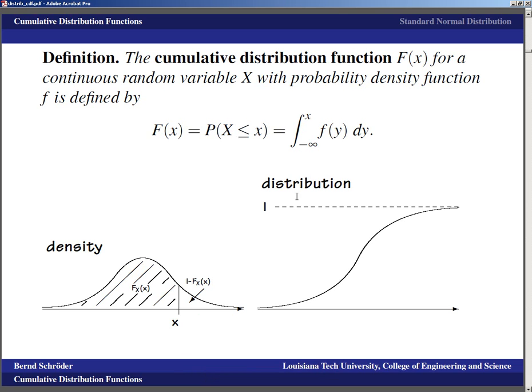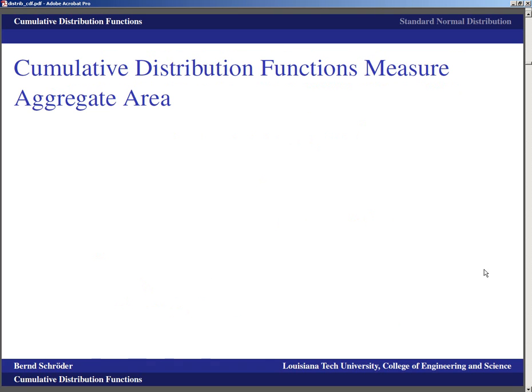And in the distribution picture, basically the distribution function aggregates the area up to a certain point, and so the value of the distribution function at x gives you the area up to that point, and the difference between that value and 1 is the area to the right of that point. In a static picture, that's about as much as I can do, I think.